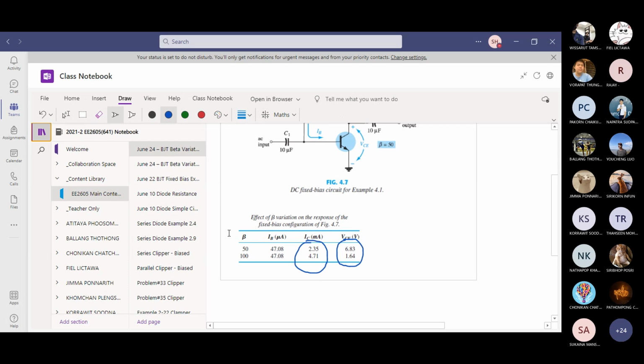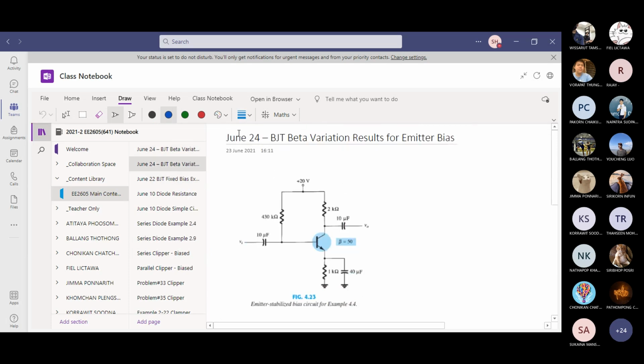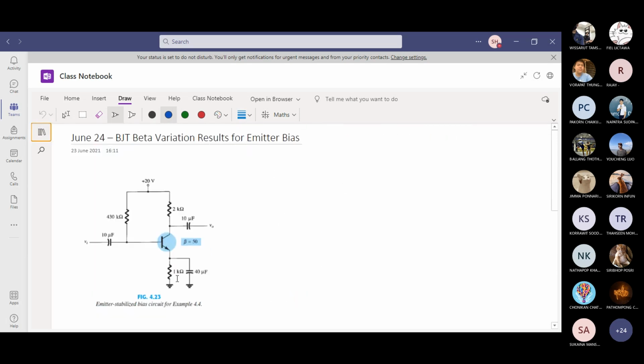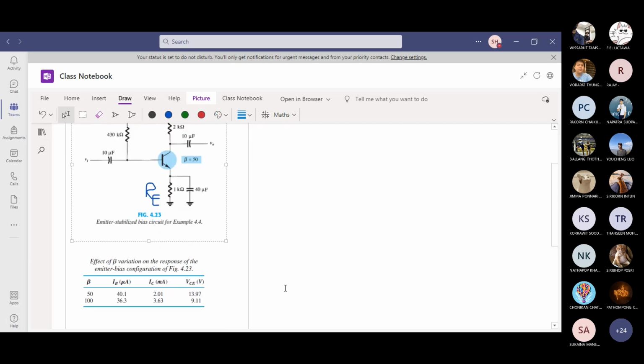Now, if you do the same thing with the emitter stabilized bias, what happens? Now you have an emitter bias circuit. You have an emitter resistor RE here, 1 kilo ohm. Start with a beta of 50. And then assume that because of the change in operating environment, beta has doubled. As you can see, IC changes, but by about 1.5 times, not more than 2 times.